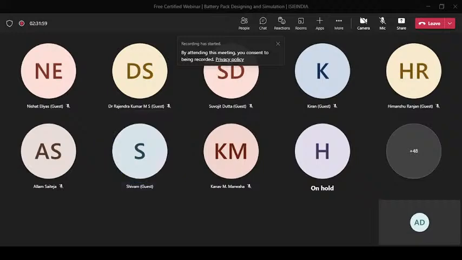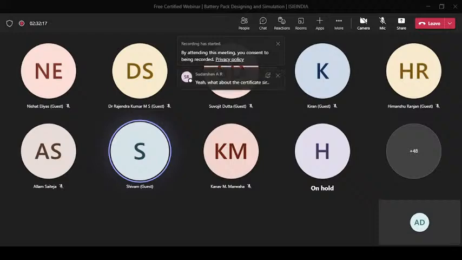Yes, sir. Okay, let's move on to the next question. Apart from the cell chemistry, do we consider anything for the battery design? Cell chemistry, yes, you have to consider the overall power rating, because you will design it for a particular vehicle.